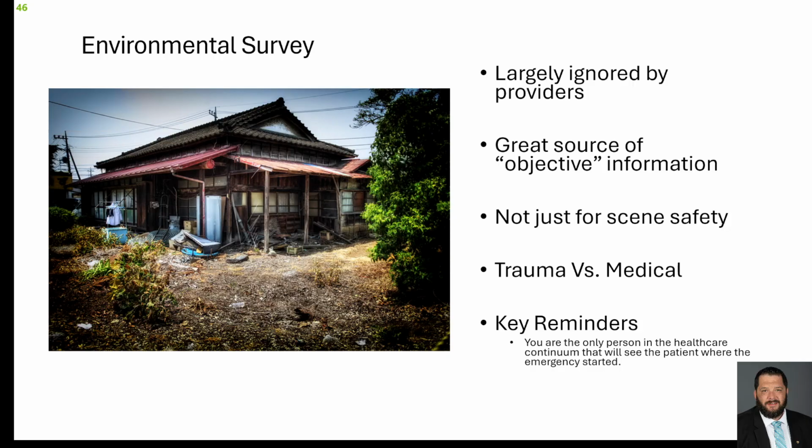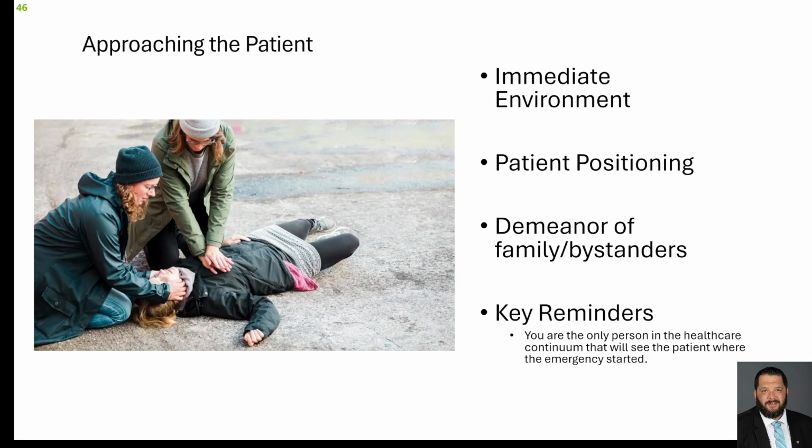And then as you've done your scene survey and your environmental survey, you're going to start to approach the patient. Again, you should look at what's immediately around that patient as you approach the patient. Okay. And what I mean by that is you have patients who are oftentimes bedbound or chairbound, and their whole world is right around them.